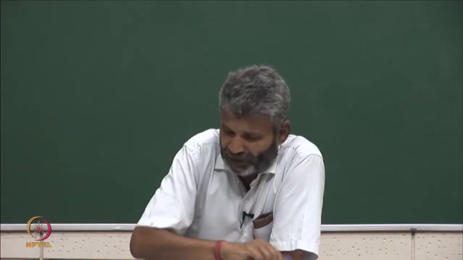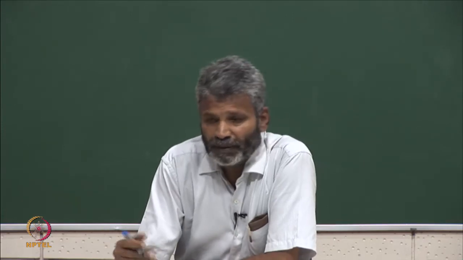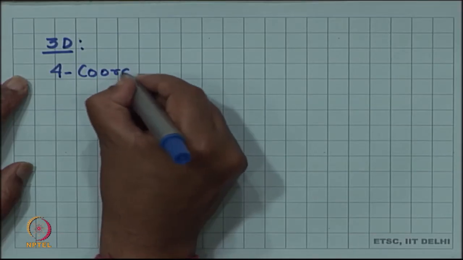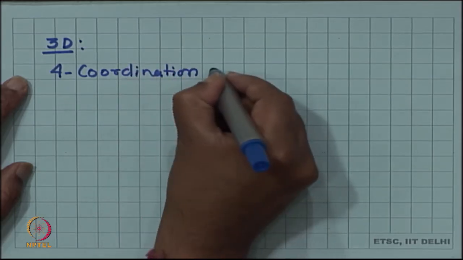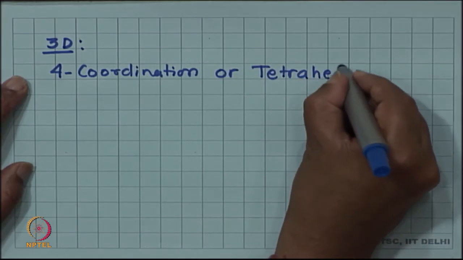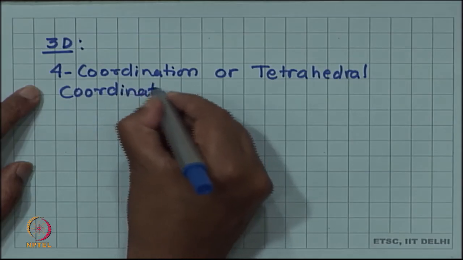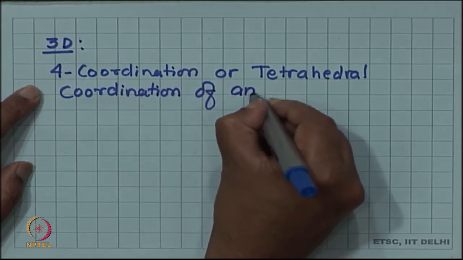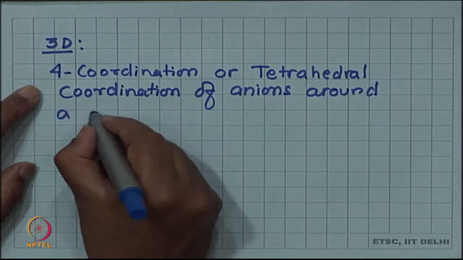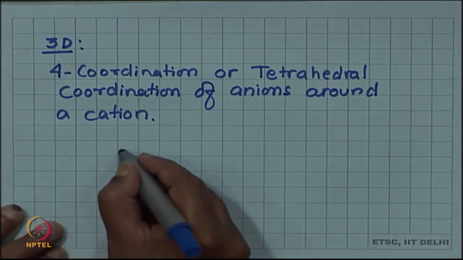So, if you now come to 3-dimensional structure and think of the next higher coordination number, that is 4. 4 coordination or tetrahedral coordination of anions around a cation.